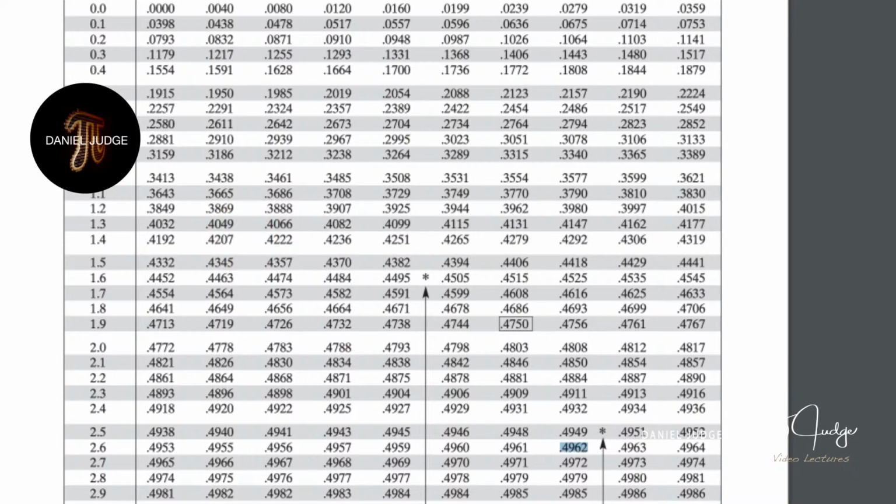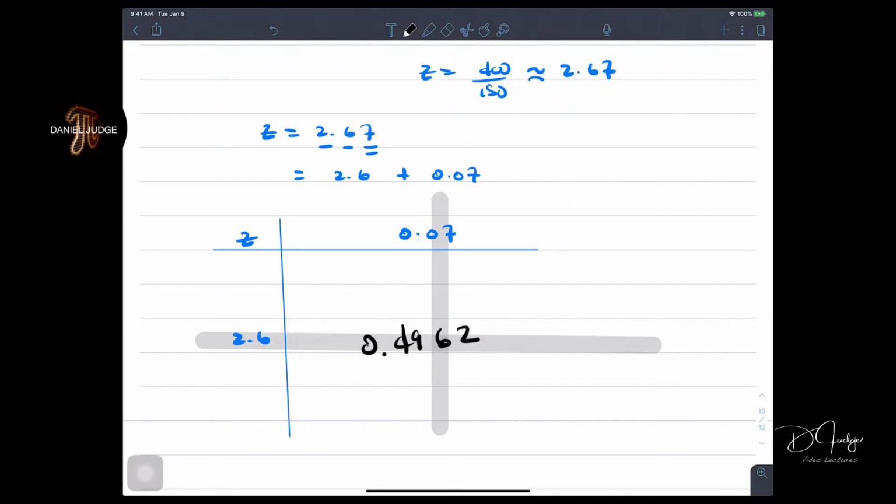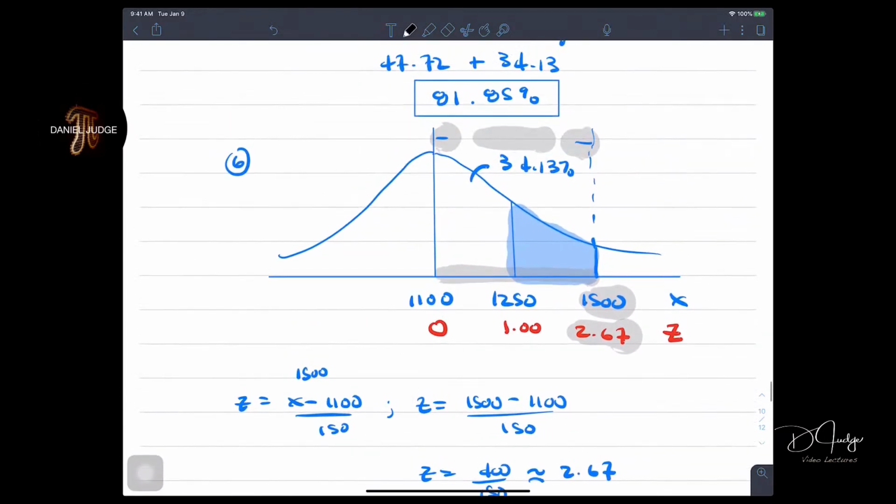Okay. That's not the final answer, right? So we found the percent of the bell that's between 0 and 2.67, but 34.13% is missing, so we're going to subtract that. So you're going to look at this in the TI, we subtract these areas.